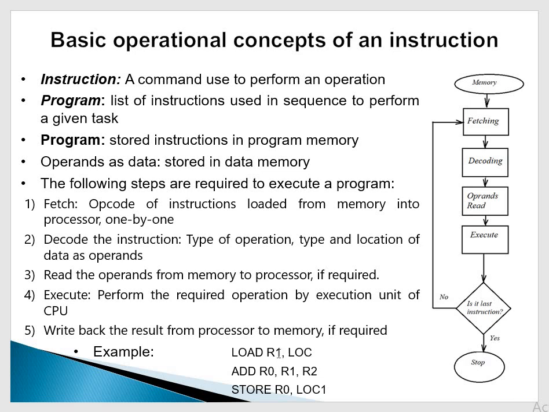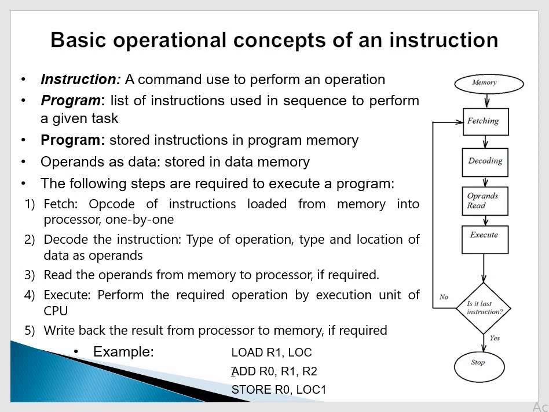These two words are labels, and the meaning of this instruction is we want to load the data from a source whose label, LOC, short form of location, is used as a label to indicate the address within the memory. So we will have to load the data from the memory, and that data will be stored or loaded to the internal register of the processor whose name is R1. This is the meaning of this instruction.